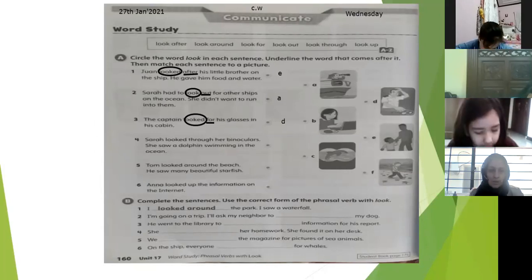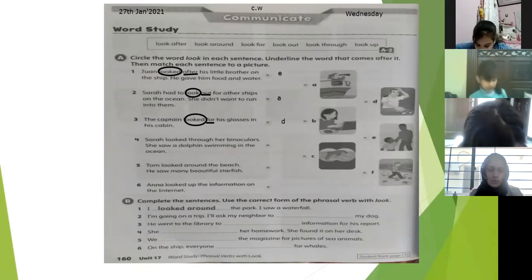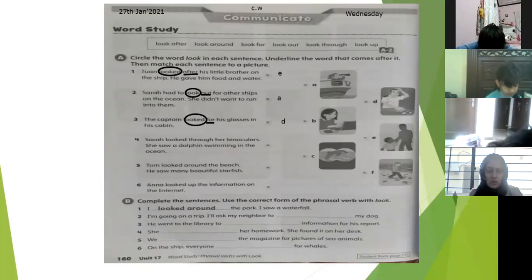Okay. Sarah looked through her binoculars. She saw a dolphin swimming in the ocean. So what you have to do?